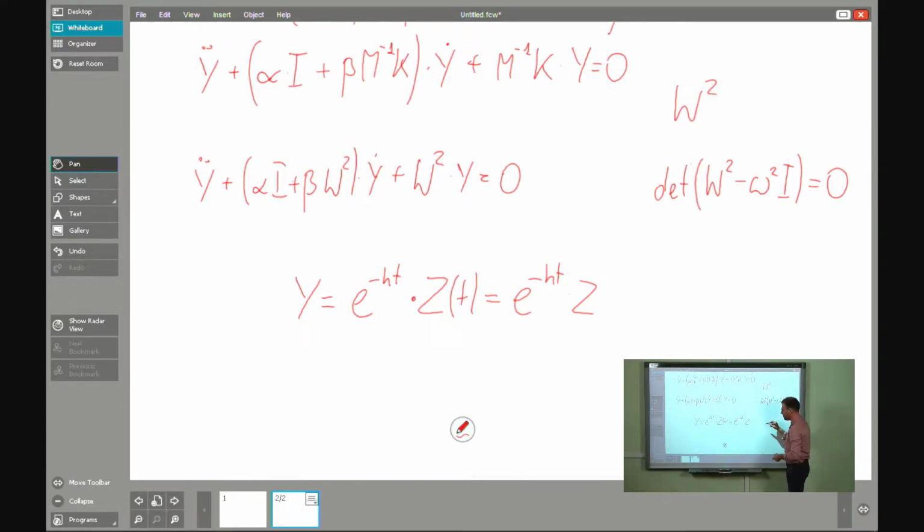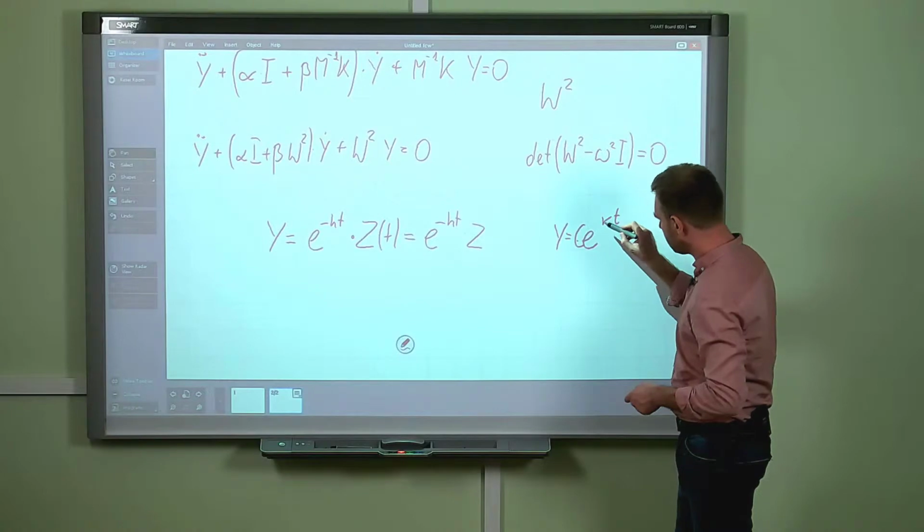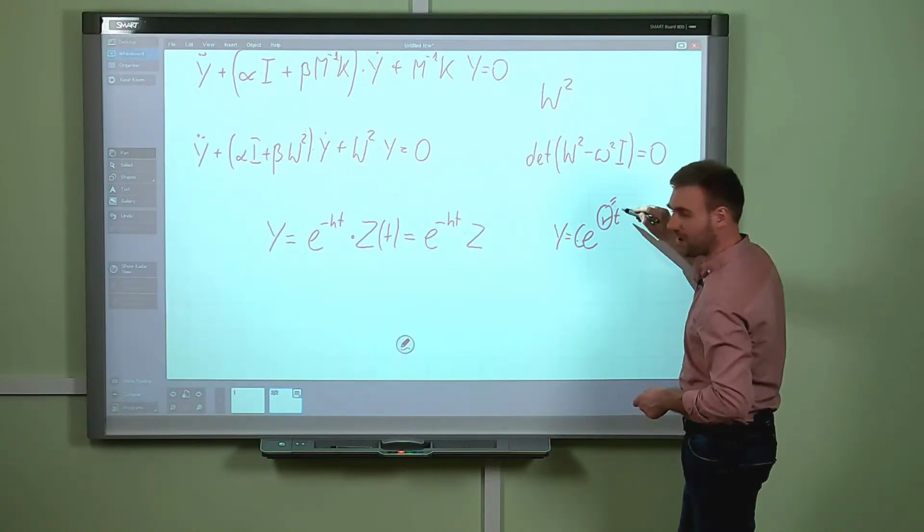Similarly to the solution for undamped vibration of the multi-degree of freedom system, or the single degree of freedom system, I will predict the solution in such a form, but the difference is that we are assuming that h is a real number.